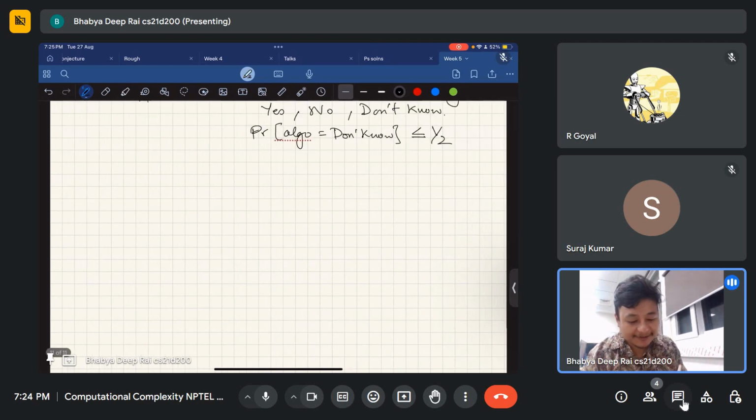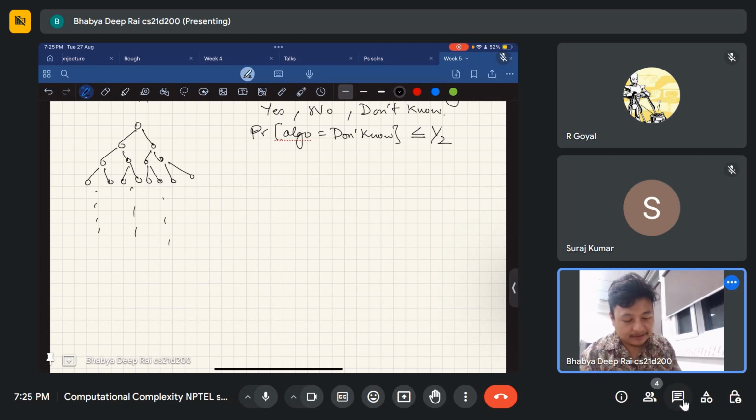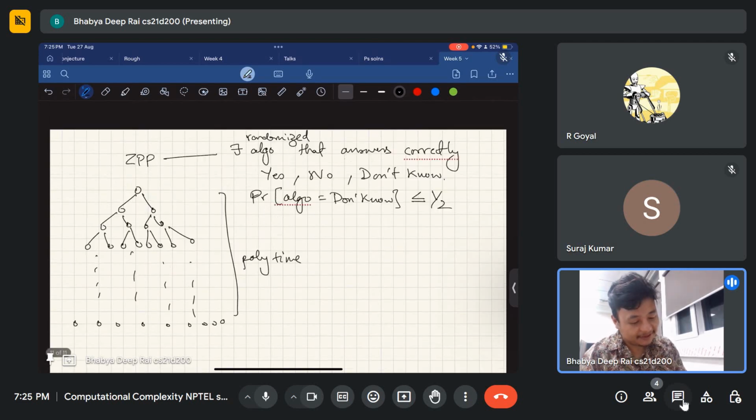So what does the computation graph of a ZPP algorithm look like? It tosses coins on the way, and then it has an exponential number of leaves. And by the way, it takes polynomial time.